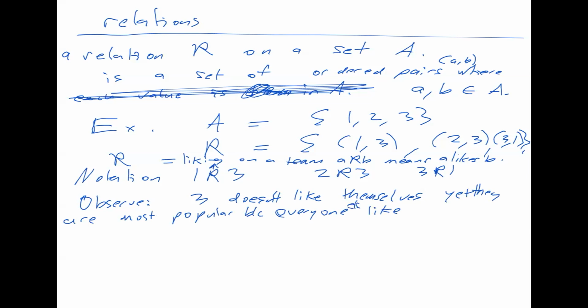In fact, maybe sometimes people actually do like people better that are not self-centered. What about who's the least popular player? 2. Right. So 2 is least popular.